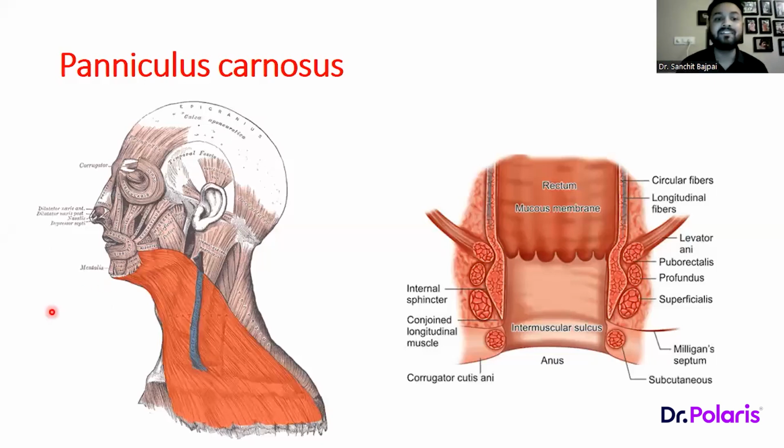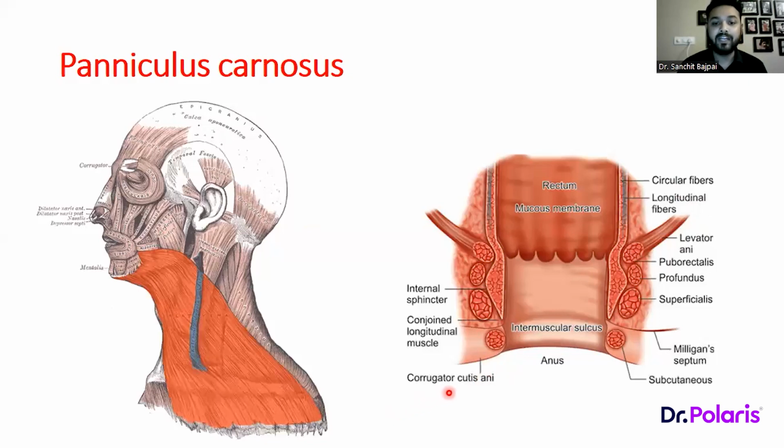This platysma is a sheet of muscle that is present in your superficial layer, underneath the skin, in the superficial fascia, right? So I've told you the muscles of the face and scalp form SMAS, and platysma is an example of panniculus carnosus. Another example of panniculus carnosus is at the anal region, where just next to the anal opening there is an important muscle called corrugator cutis ani.